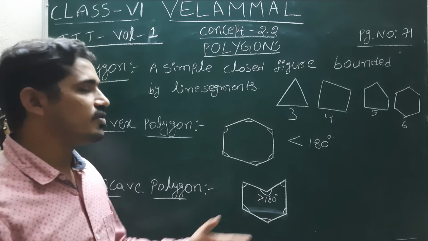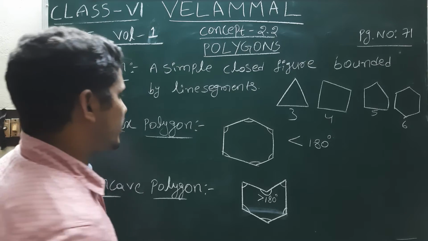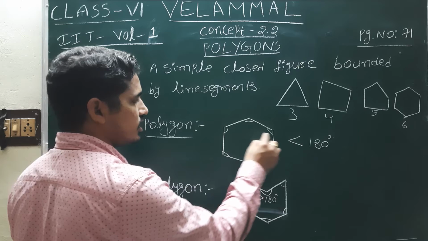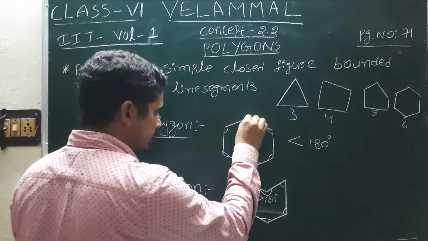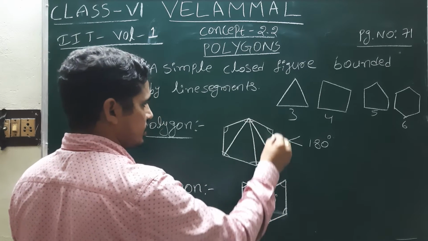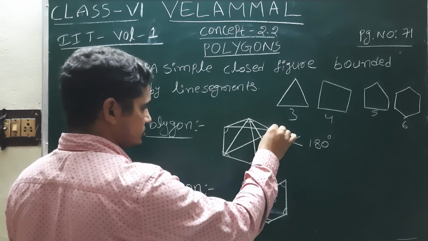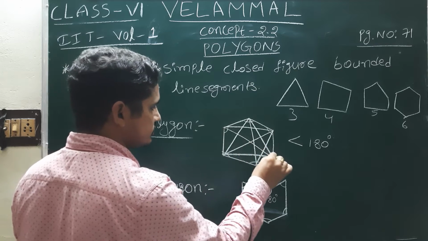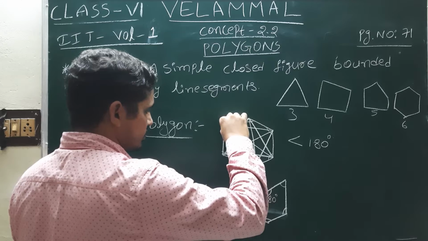One more type of definition will also be given for convex and concave. Draw the diagonals for the convex polygon. From this vertex we will get 3 diagonals like this, and from here we will get like this, and from here like this.